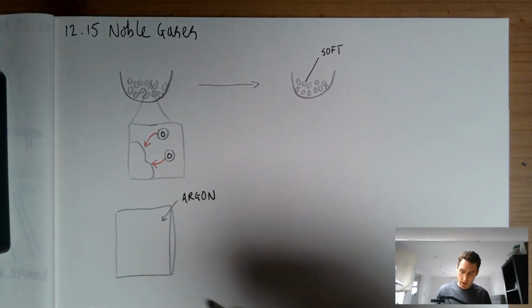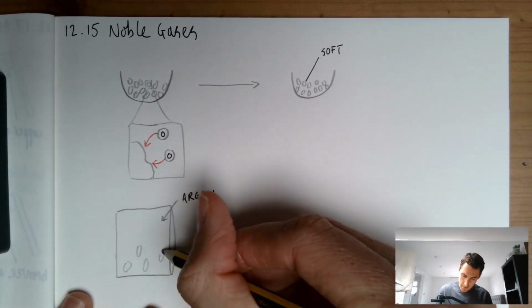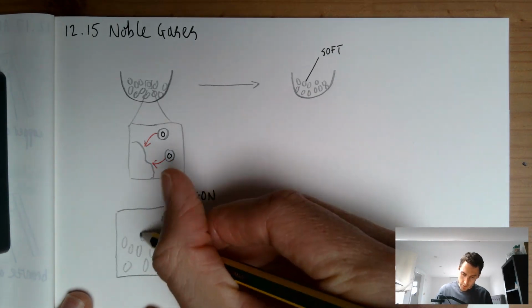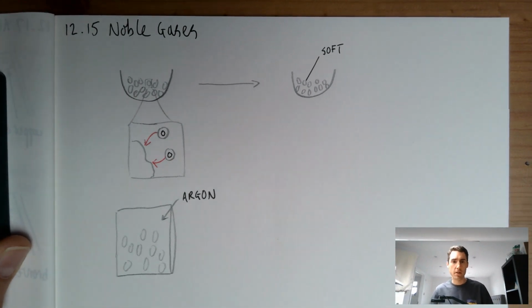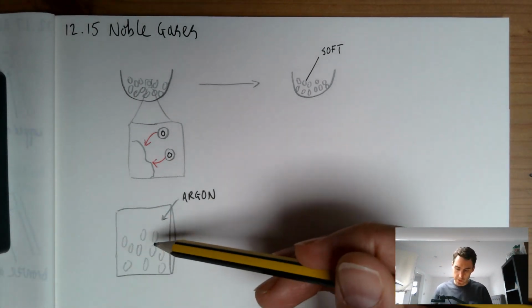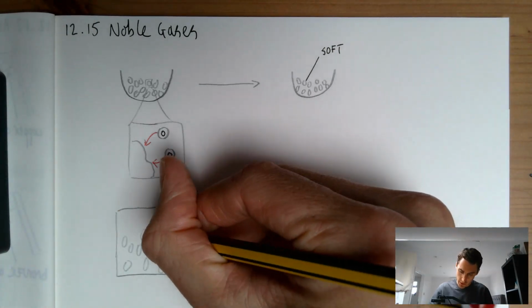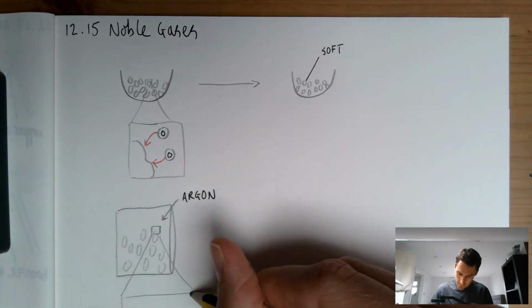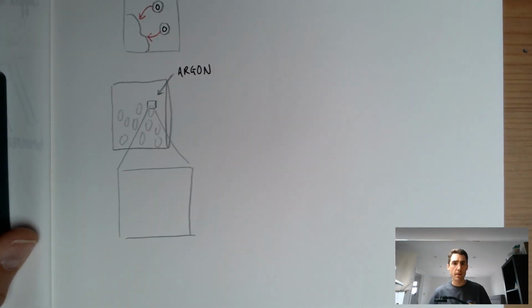Now, if we draw our crisps inside here, you'd hope you get a few more than that, although with inflation and everything else, maybe companies are starting to cut down. But if this is our crisps inside our packet, and the packet's been pumped full of argon, we can look at what's going on here. If I zoom in on here this time, I'll move that down so you can see.